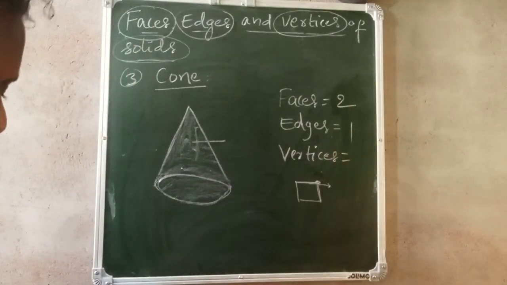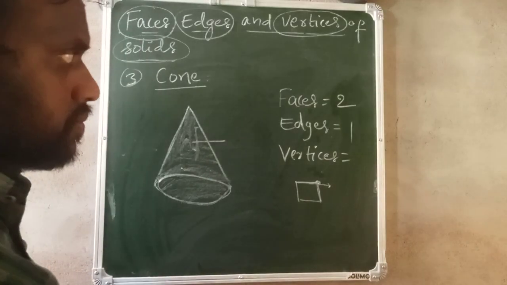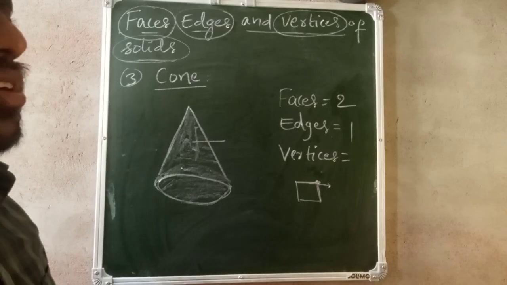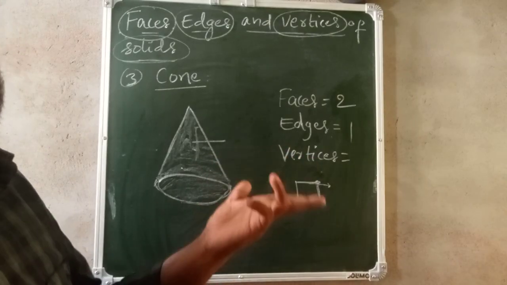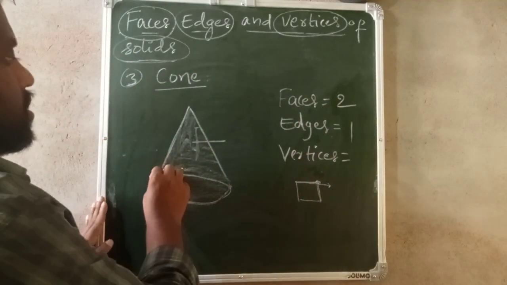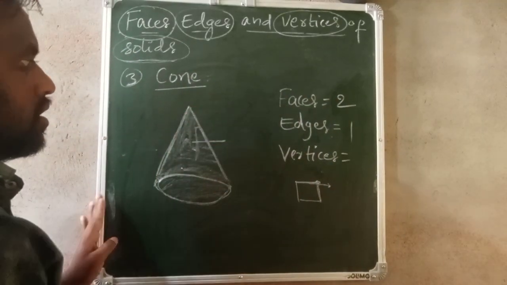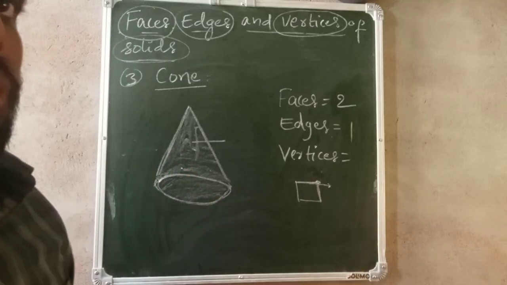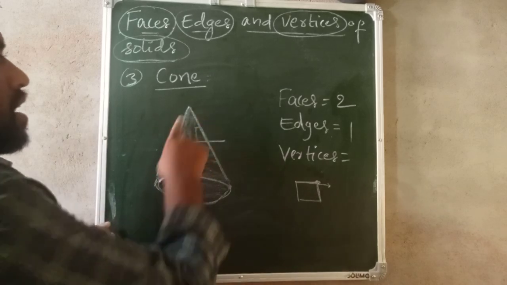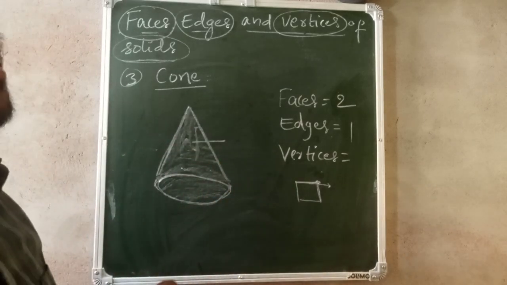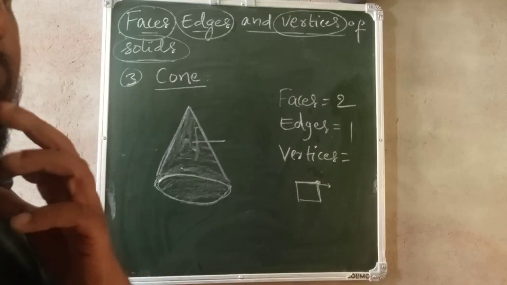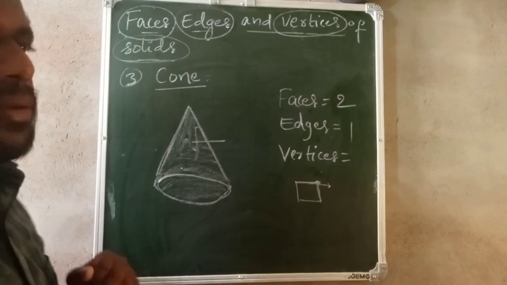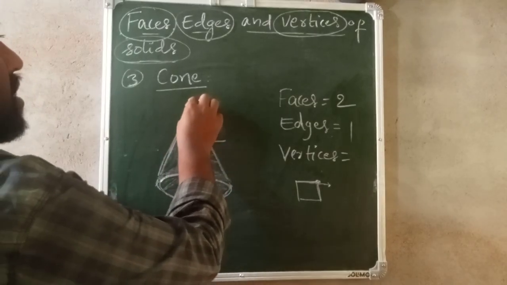Next, vertices. Corner point: two straight lines meet at one point, that is a corner. See, it is like a straight line. It looks like a straight line, but actually, if you see that ice cream cone, it is not exactly a straight line. It looks like a curve shape in real life. But still there is a corner point here.